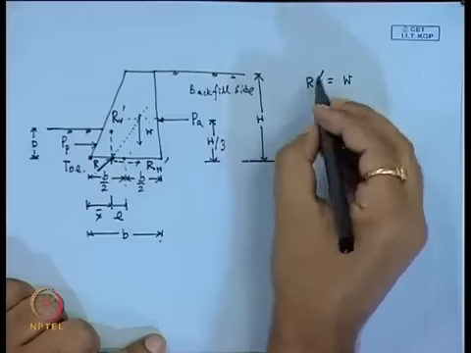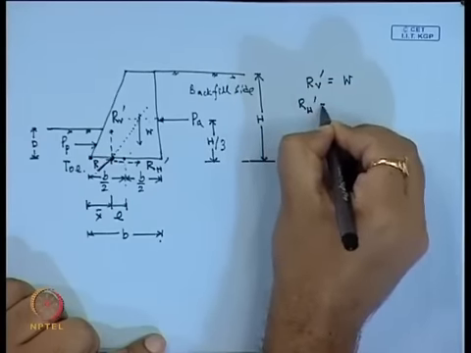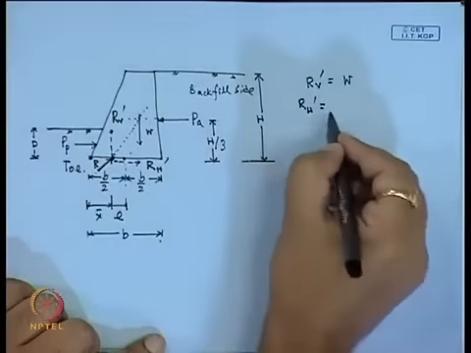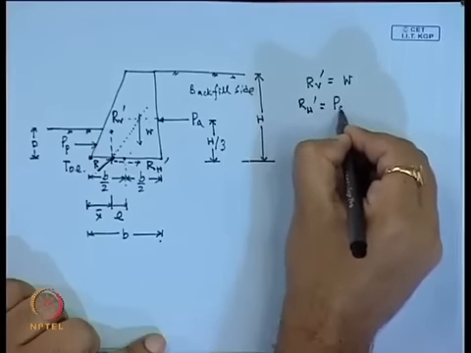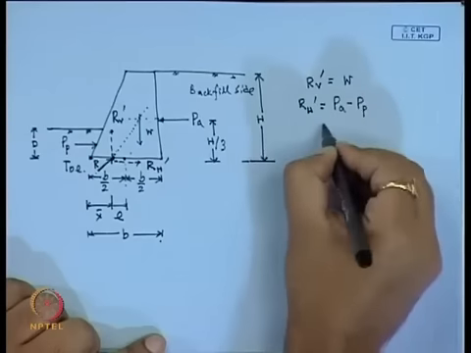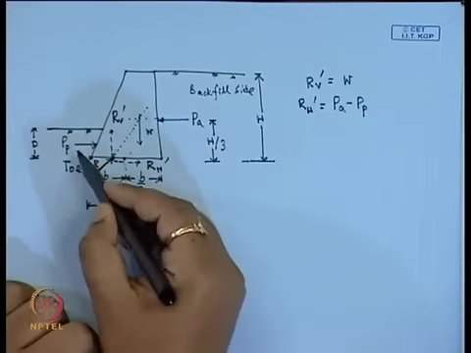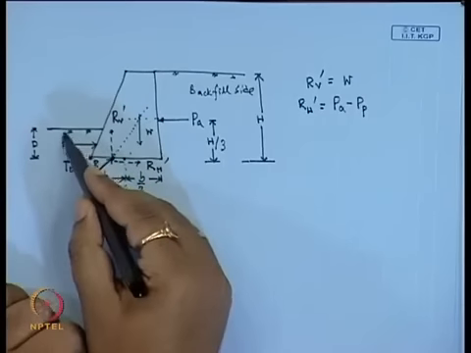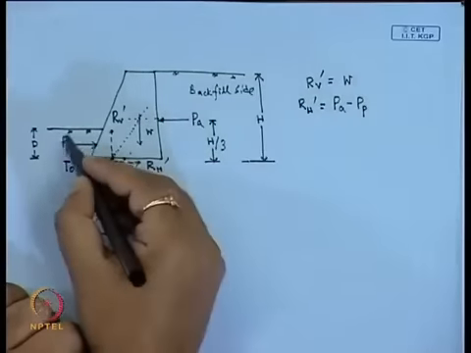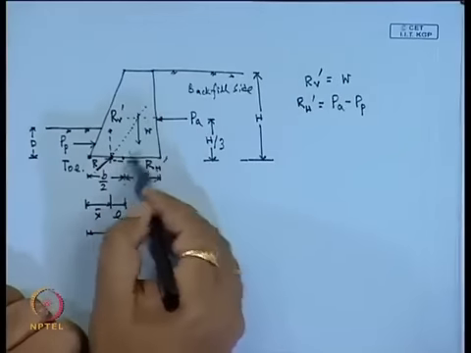Another one, R H dash is equal to P A minus P P. Now, if I neglect this P P, because P P is very small compared to P A, and neglecting it will also provide additional safety for this retaining wall.